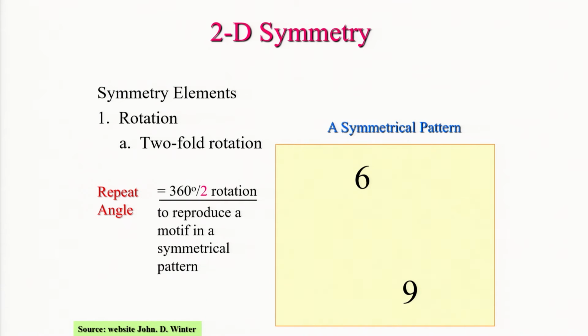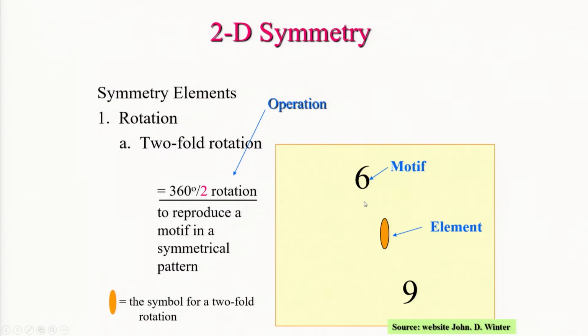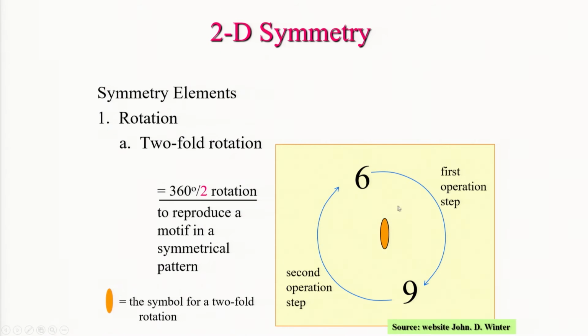Now, let us introduce one type of symmetry element, which is rotation. Let us start with this motif, which is now shown as 6. If you rotate say 180 degrees, 6 now comes here as 9. So, you see 6 comes to 9 by 180 degree rotation, and another 180 degree rotation brings it to the position where it coincides with its original position.